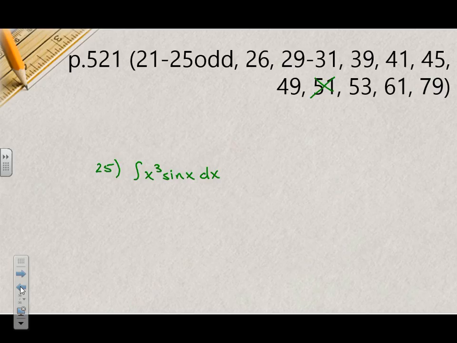And how would you do that? Use the table method, right? Well, on 51, the instructions say solve or integrate the given functions with the table method, and 51 happens to be x cubed times sine x dx. So they were expecting you to do 25 by actually integrating by parts 3 straight times, and then they tell you to do it with the table method. Don't worry about doing 51. If you're already going to do the table method for 25, you've already done it, you're done. So go ahead and get rid of 51 on that list.